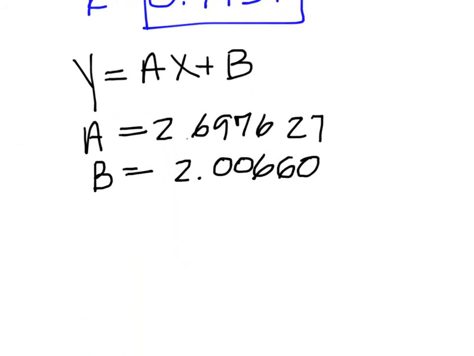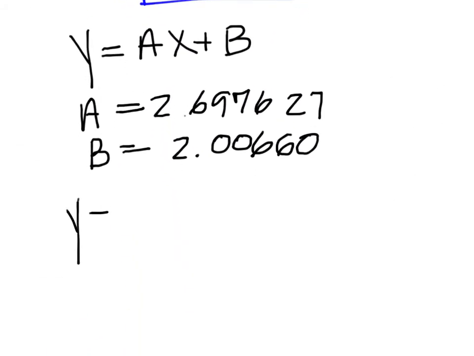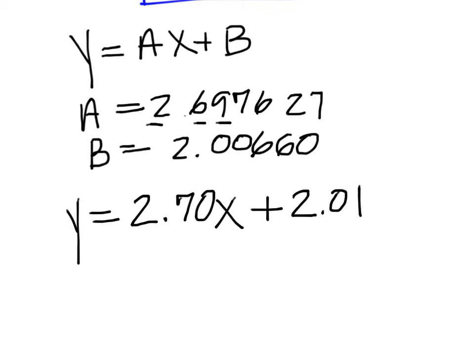So we'll go down here and write the equation as Y equals, the A number is 2.70 because it's 2.69 up here and you have to round to the second place. Put in your X and then plus 2.01 because this 6 rounds that one up 1 spot.